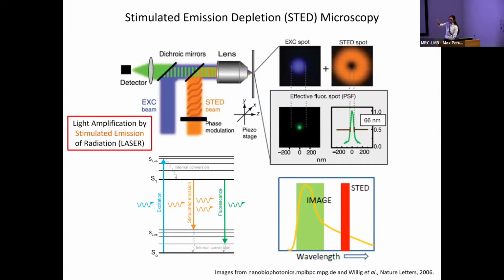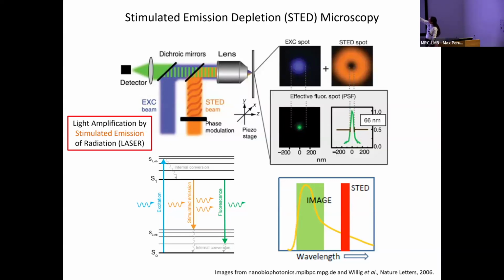You have to see this method first as a point laser scanning microscope, like a classic confocal. But on top of your excitation beam, you have a STED beam, which is a donut that is shone completely superimposed with your excitation beam.